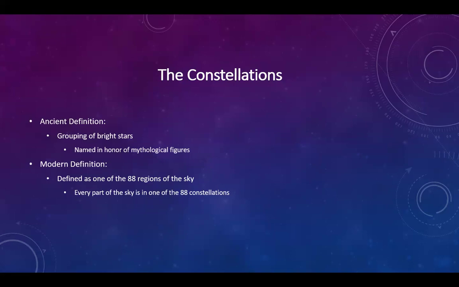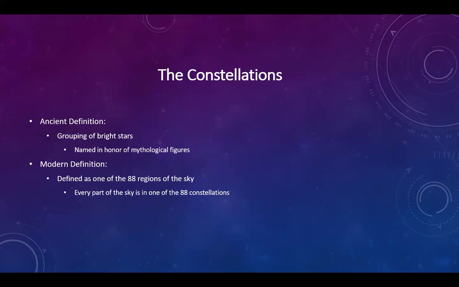Now, the modern definition is closer to something like a state. It's just a way to define an area of the sky. Because traditionally, people describe things as parts of constellations. So now it is just a tool used to talk about places in the sky, because these are existing known things. So it's defined as one of the 88 regions of the sky, each tied to a traditional constellation, and every part of the sky is part of one of these 88 constellations.